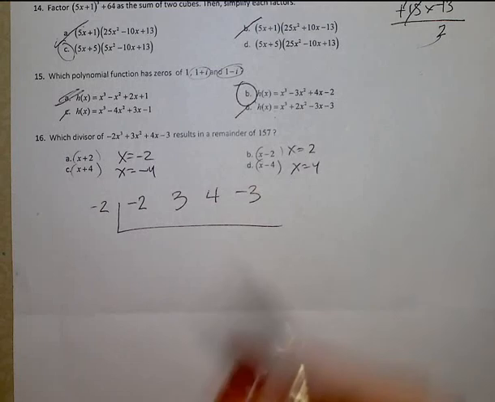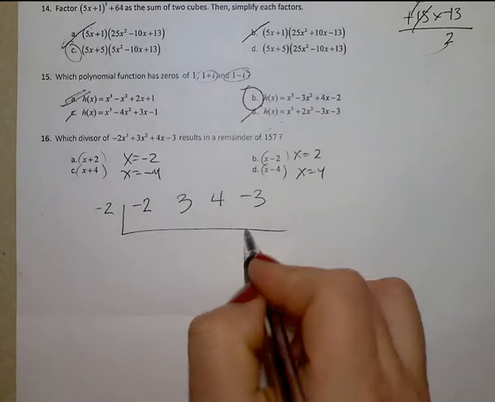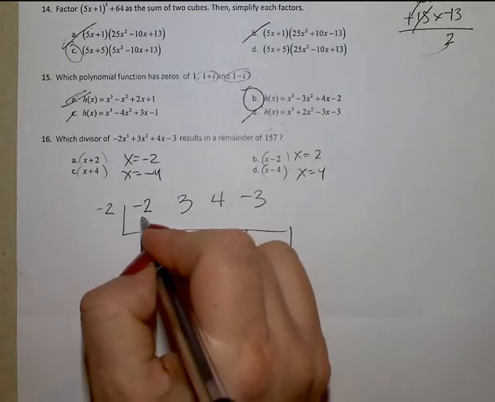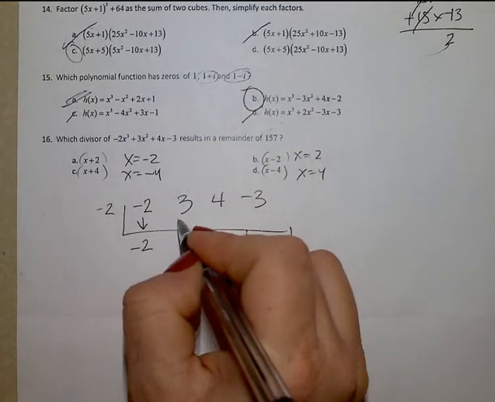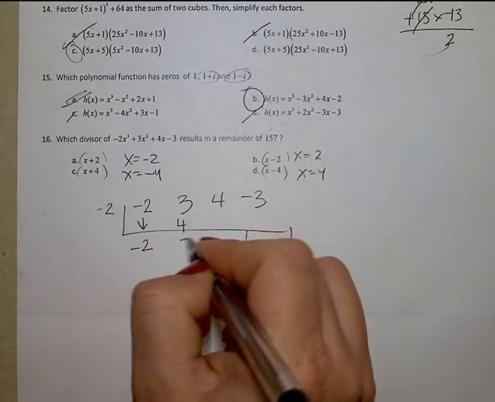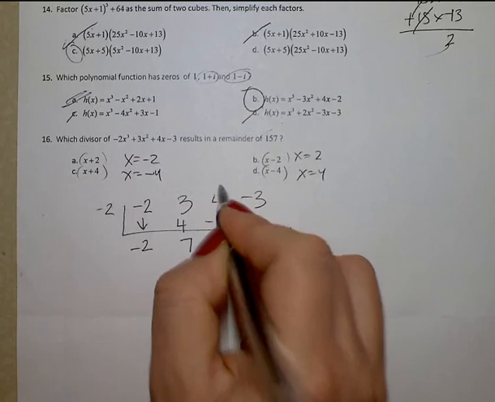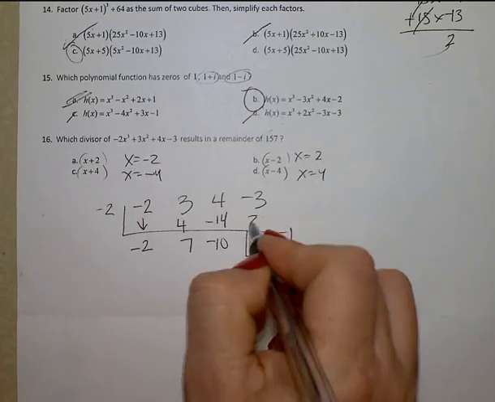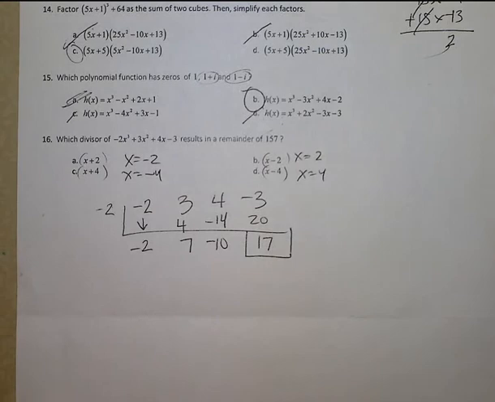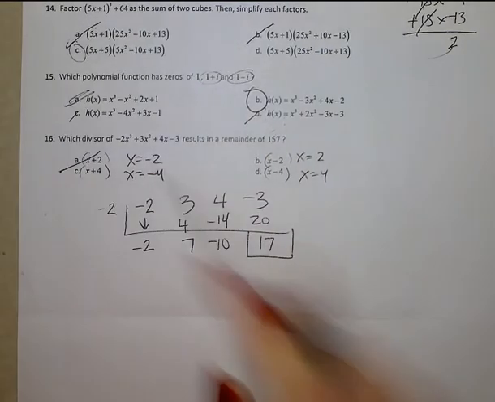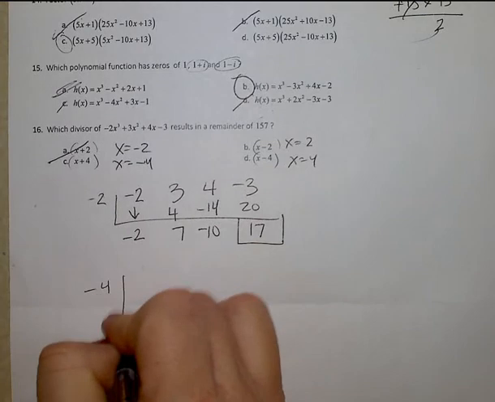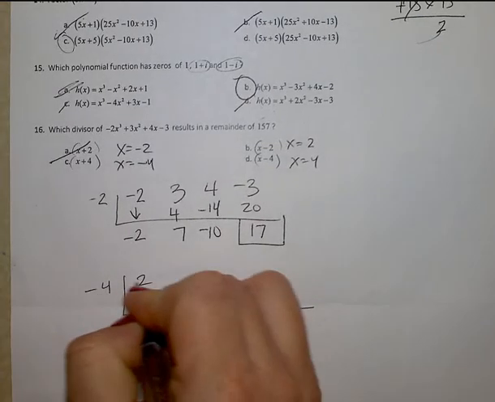I want to see which one has a remainder of 157. Bring down the first number and multiply, add down. Multiply, add down, multiply, add down. That does not work. A does not work. Let's try C. Put a -4 out front. -2, 3, 4, -3.